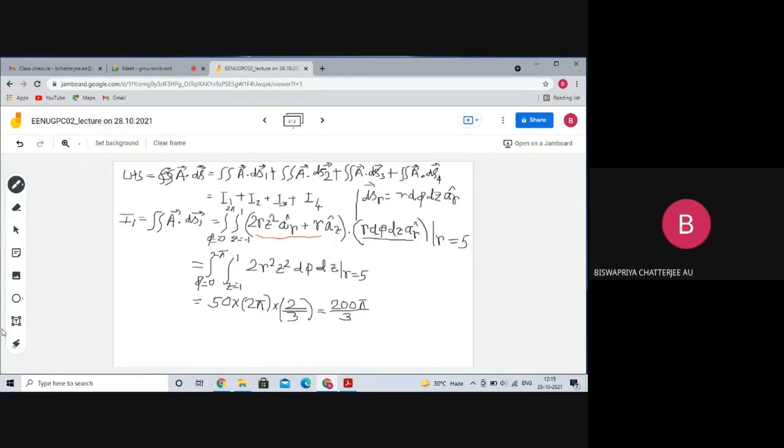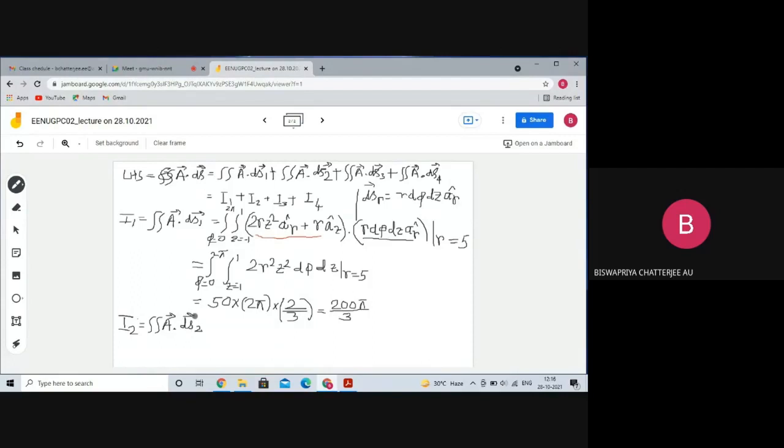Now similarly, if you conduct I2, I will not do it in detail because the integration type is the same.